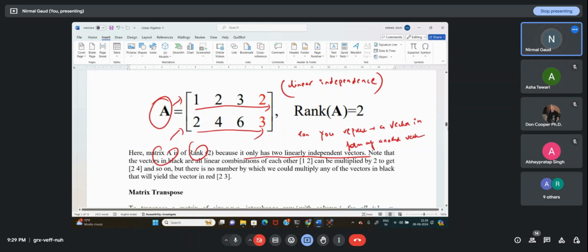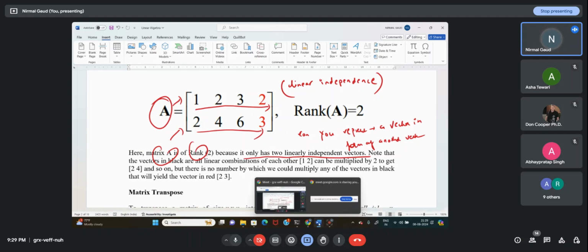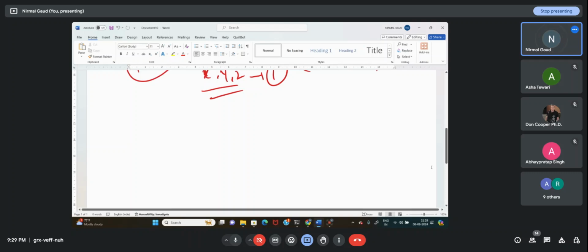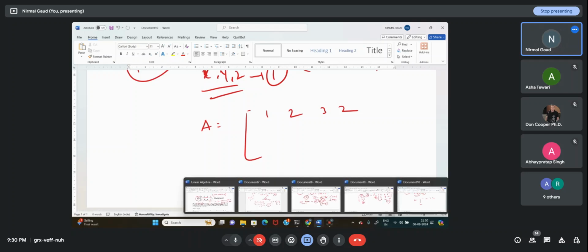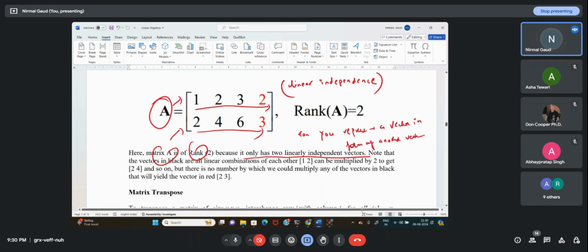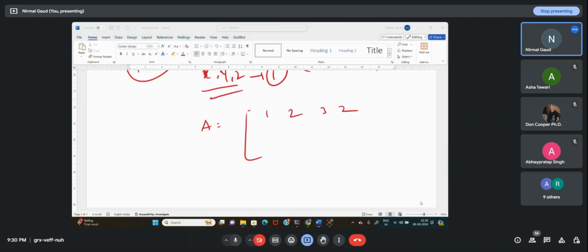Okay, so right now, if I consider this matrix 1, 2, 3, 2, let me make it on another sheet. The matrix A is 1, 2, 3, 2, and the other row is 2, 4, 6, 3.